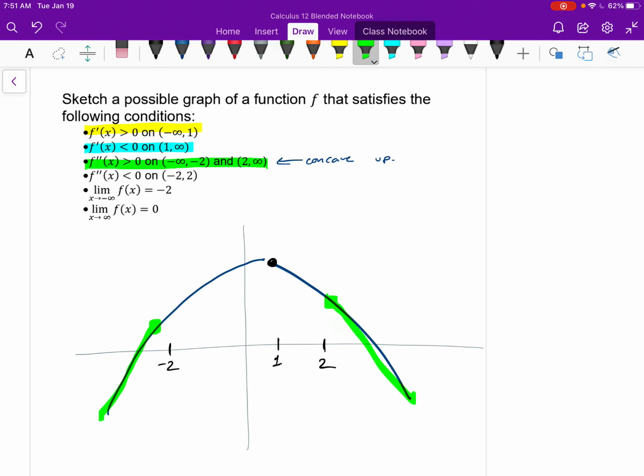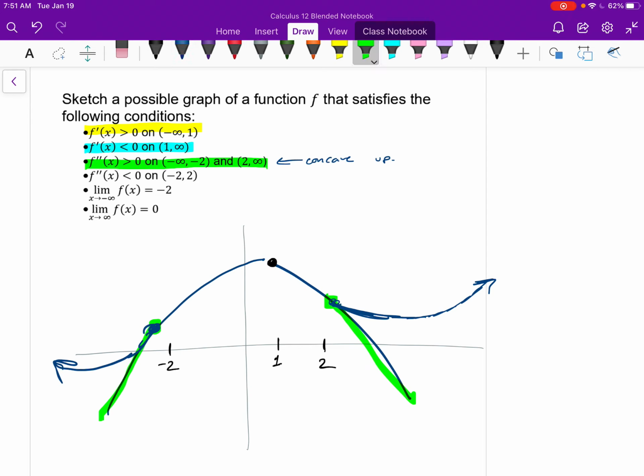So now, let's take this and imagine it's looking like this. Now, actually, I'm going to do something that's wrong. I know this can't be correct.